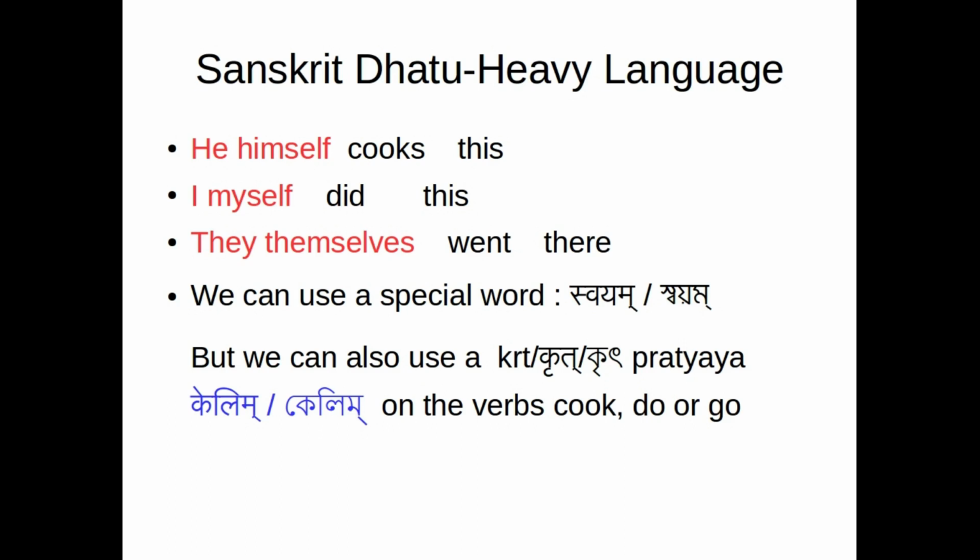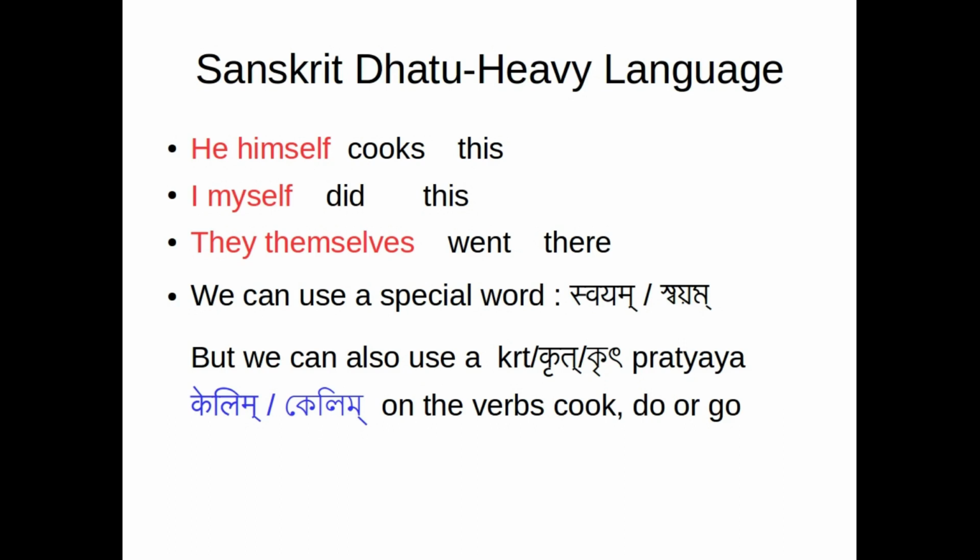So, the himself, myself, themselves would not be attached to he, I, or they. Rather, the concept would be attached to the verb cook, do, or go by using a krit pratyaya called kelim pratyaya. So we can see in Sanskrit, dhatu has a lot more emphasis.